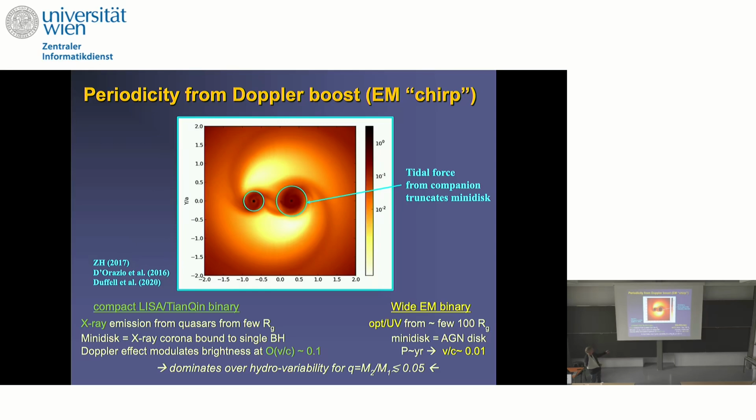And now again, just practicalities. If this gas is bound to the black hole and these black holes are orbiting, then this is like a moving light bulb, and it's going to be Doppler modulated. And even if you don't believe any of my simulations, in the X-rays, we empirically know that they're coming from a few Schwarzschild radii.